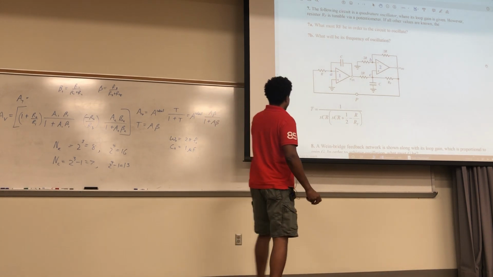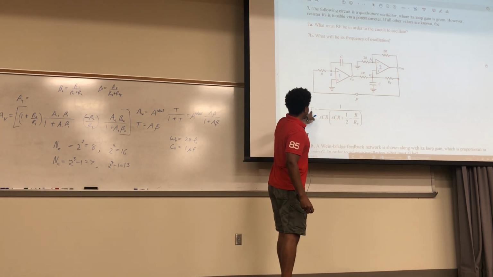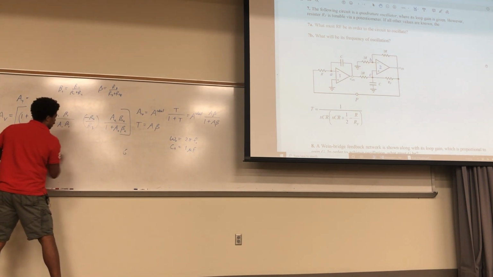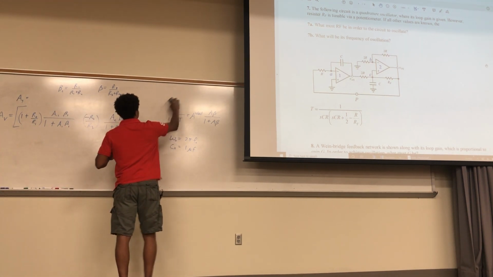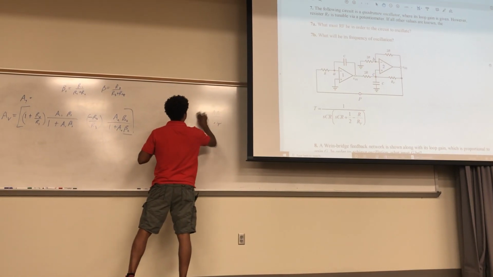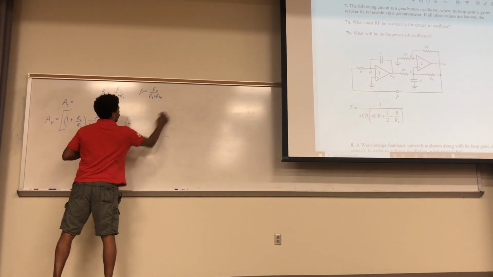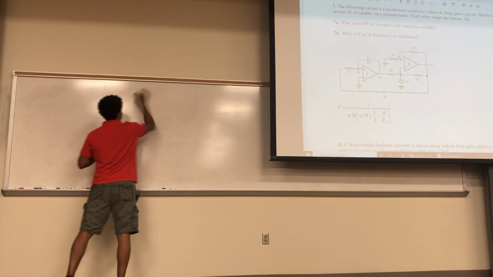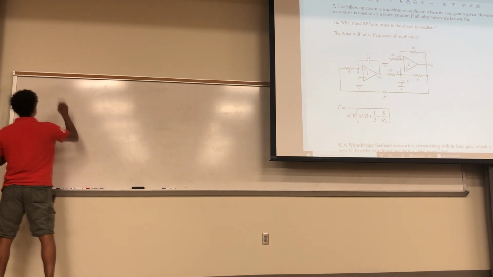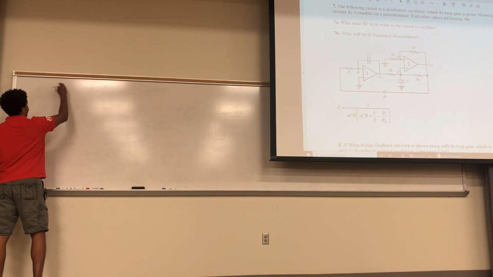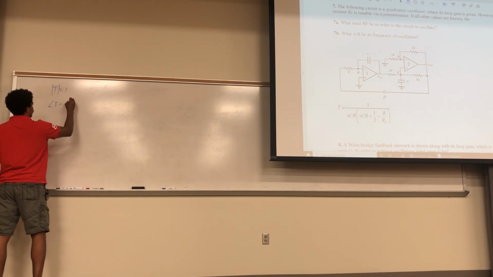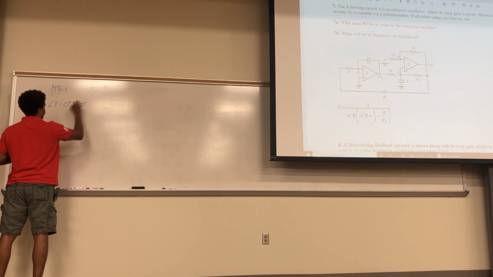Okay, so the nice thing about this problem is that you don't have to figure out what T is. It's given to you, which is really nice. So in this particular case, we know from the Barkhausen condition what is required for oscillation. The magnitude of T has to be 1, and the angle has to be 0, or 360.